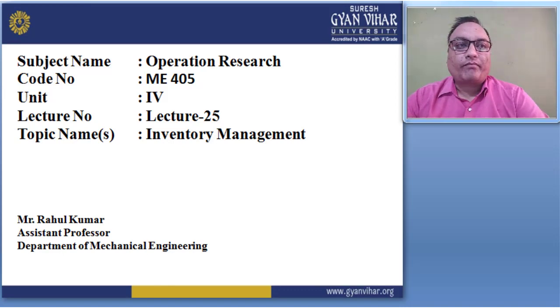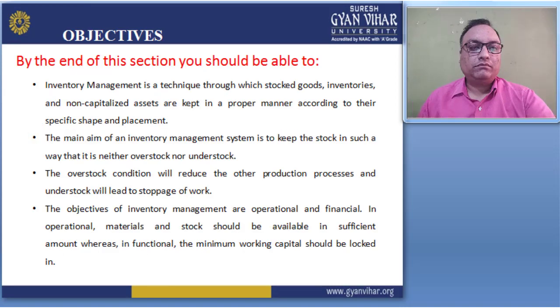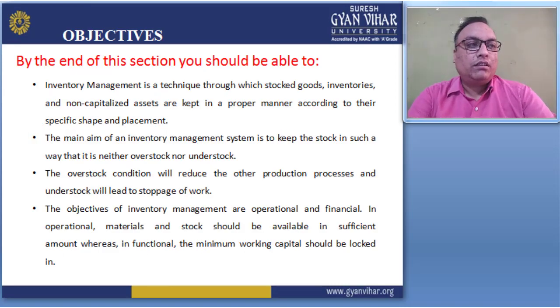And then come to the objectives of this chapter. By the end of this section, you should be able to understand about inventory management, or different types of inventories process, and these inventories are the non-capitalized assets kept in the proper manner according to their specific shape and placement.